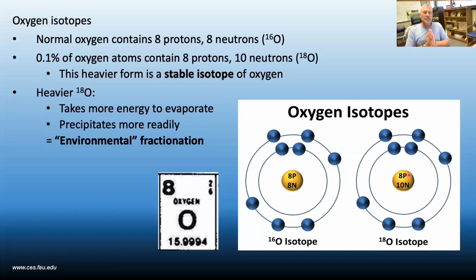Okay, so this is a stable isotope. So it takes more energy to evaporate. It precipitates out of the atmosphere more readily. So it has an environmental fractionation. All right. That's important when we look at global cycles of water, for instance. All right. So let's take a look at that.